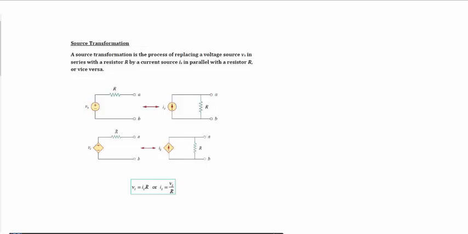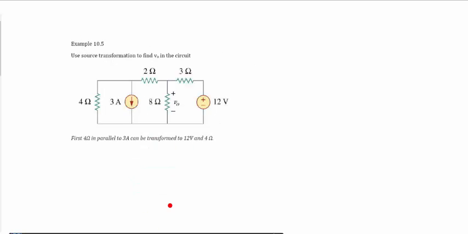So if there is a supply and a resistor in series, you can change it to a current supply and a resistor. You'll get to know this concept once we look at an example, so let's look at this example first.